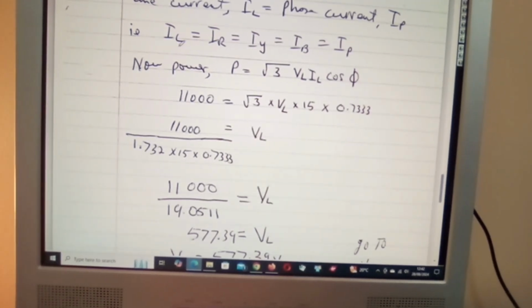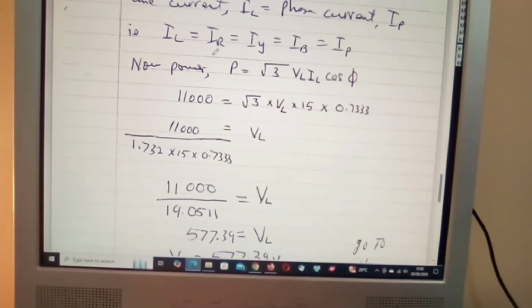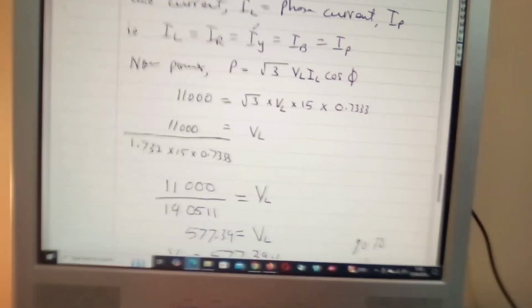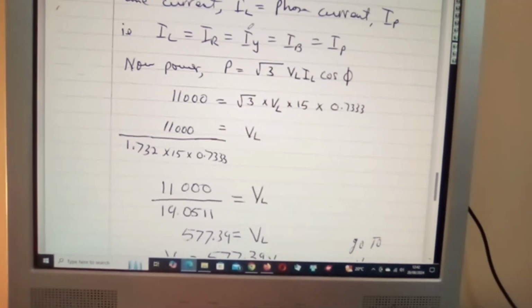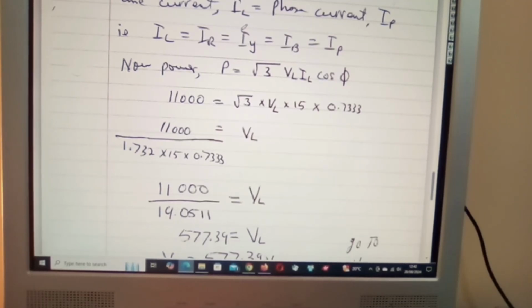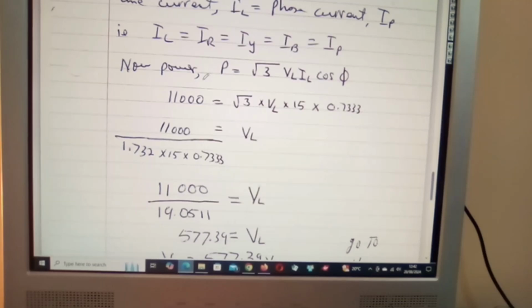Line current I_R equals I_Y equals I_B equals I_P. Now, three-phase colors are no longer red, yellow, blue, so please be aware that I'm using an old phasing system. I think they're now black, gray, and brown, but don't hold me to it. That is for you to check and double check.